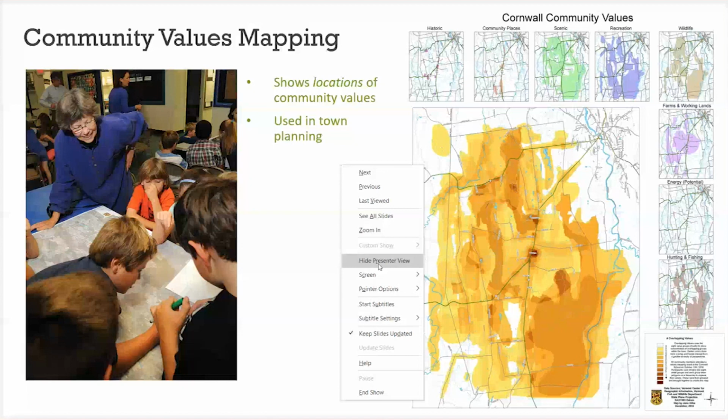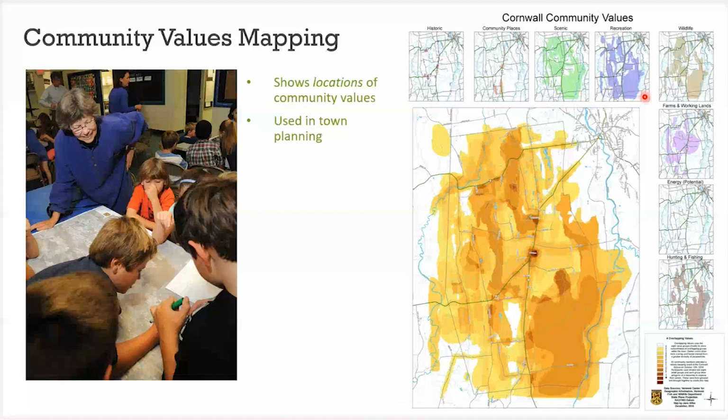Then I overlapped those different value groups, and that's the map you see here, where there are the most community values overlapping. You'll see here in Cornwall Swamp there's a tremendous amount of overlap: hunting and fishing interests, wildlife interests, recreation, scenic. There are a variety of different interests that come into play in this part of Cornwall.